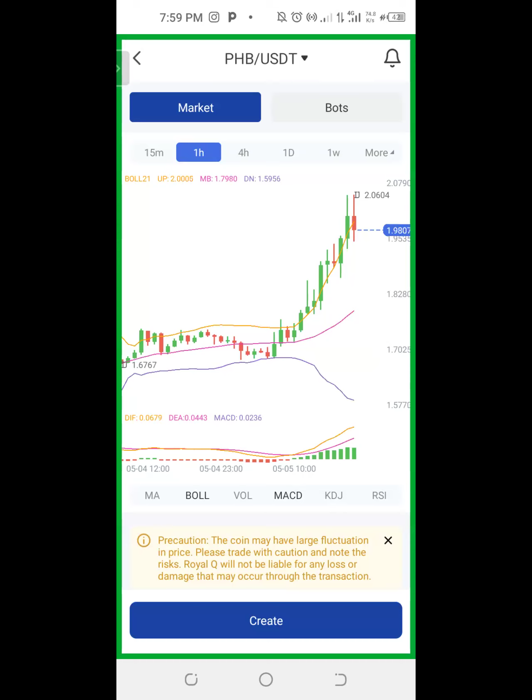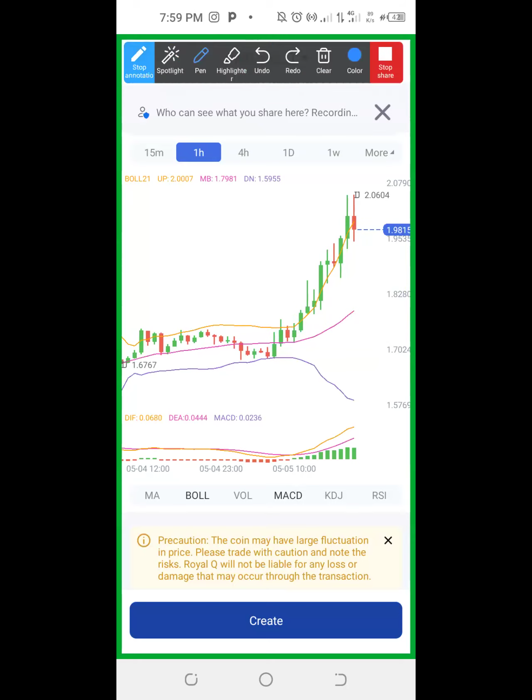Now, the MACD, I said that it has 4 components. Number 1, it has the red bar. All these bars, you can see that this one are very tiny, they are not that big.